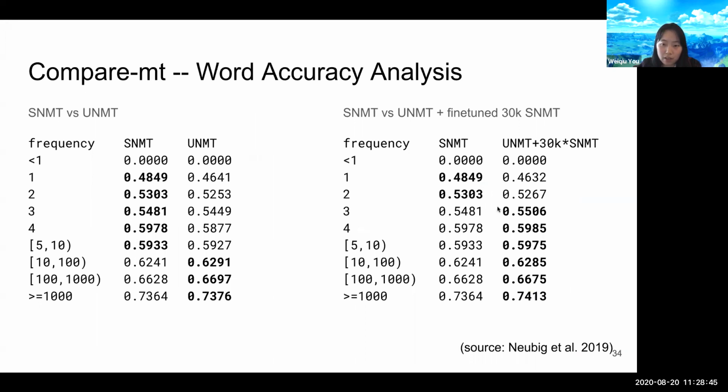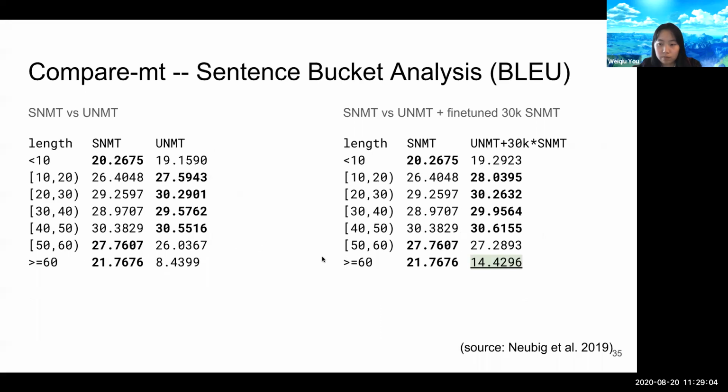So we can see that it's better than SNMT as low as frequency of 3, while it used to be already lower than SNMT when the words have frequency of 10. Also, sentences that are longer than 60 words have higher BLEU scores than before.